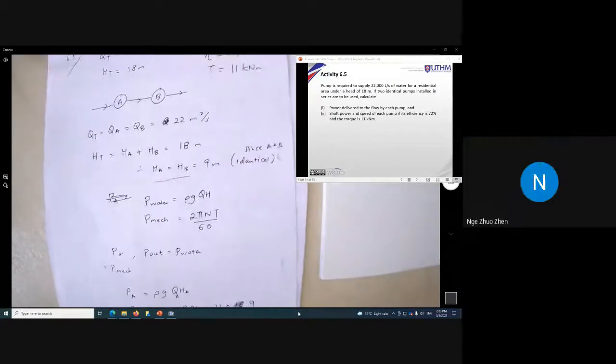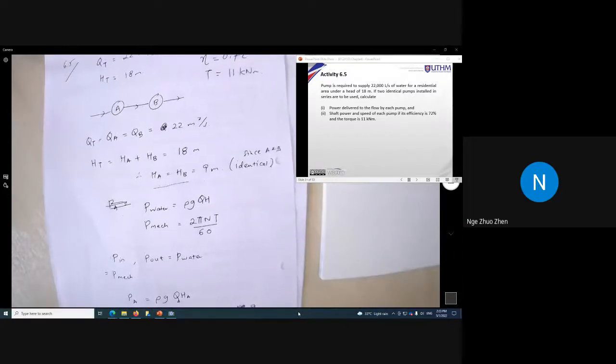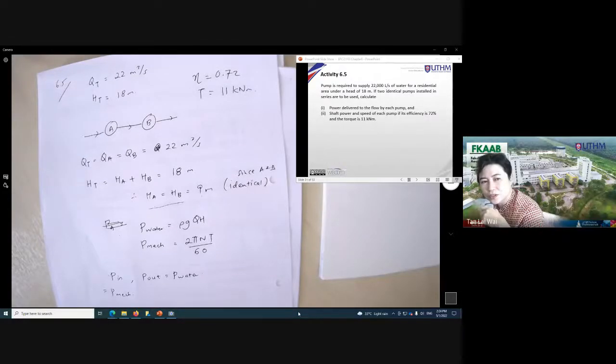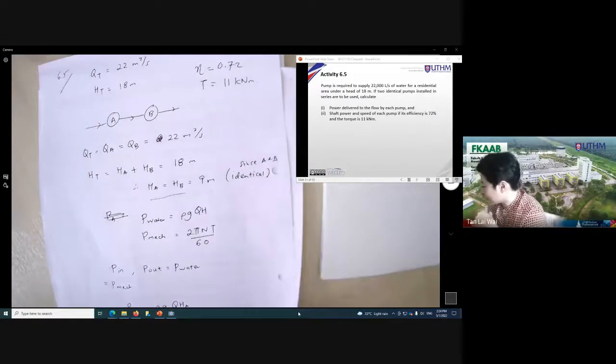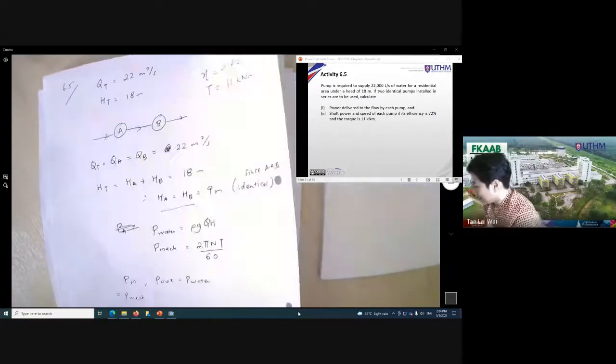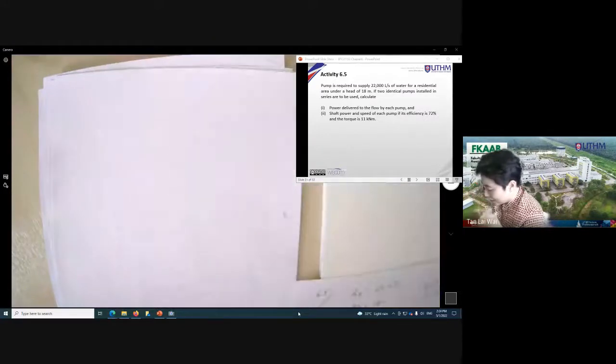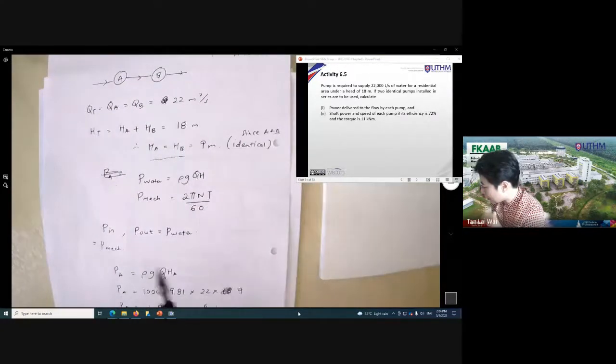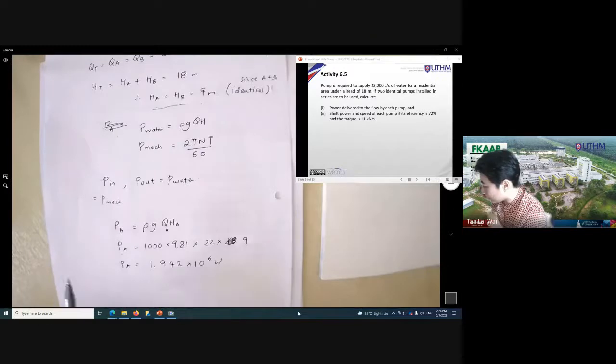So I use P out as the total of 2 pumps and then I divide by 2 and get each one. Can also? Okay, all right, doctor. Because they are the same, right? Okay. So once you have that, but I'm not sure if you have any power here if you want to divide by 2. Again, you need to find a single power, right? Because power is not provided, right?